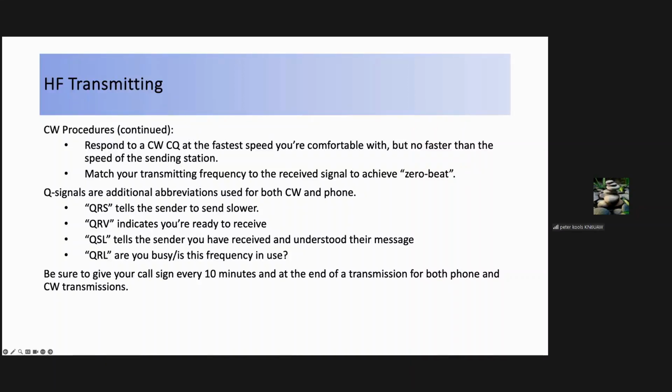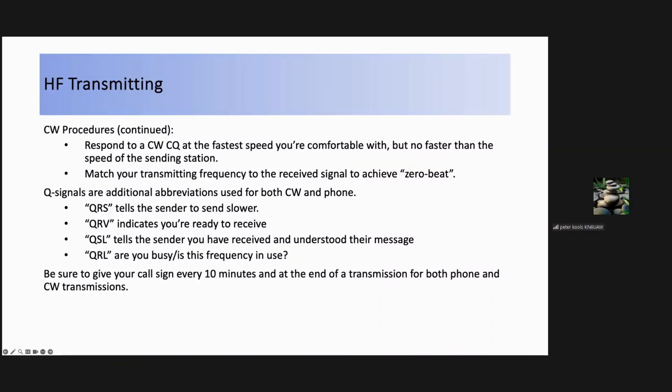And then you want to exactly match your transmitting frequency to the received signal so that you achieve what's called zero beat. So there's basically no difference in transmit and receive frequency, and your CW tones sound crisp and clear, and theirs sound crisp and clear.